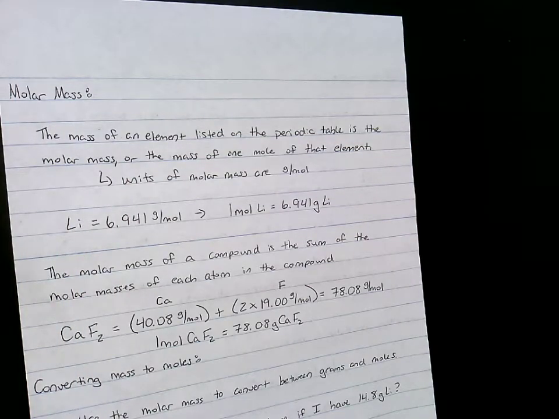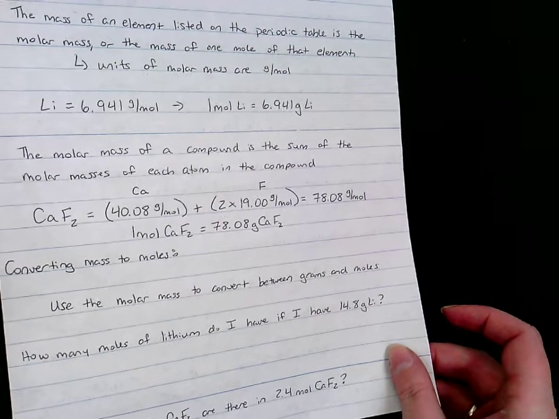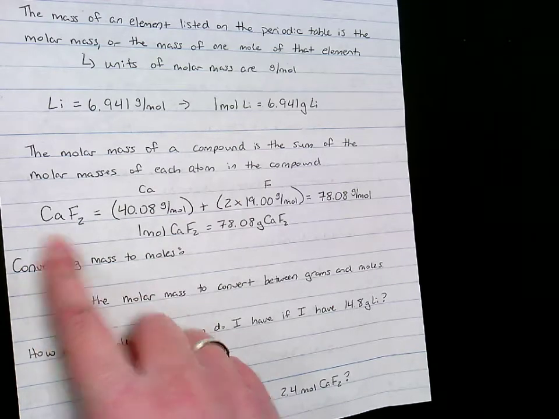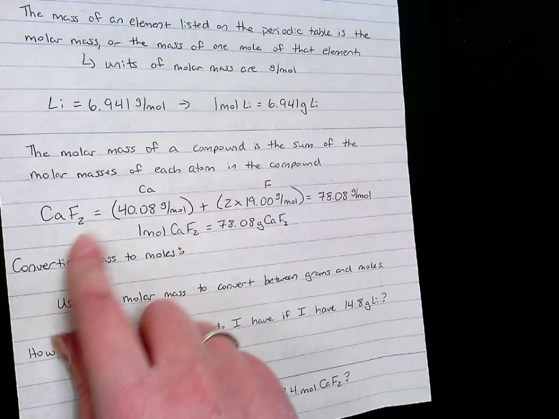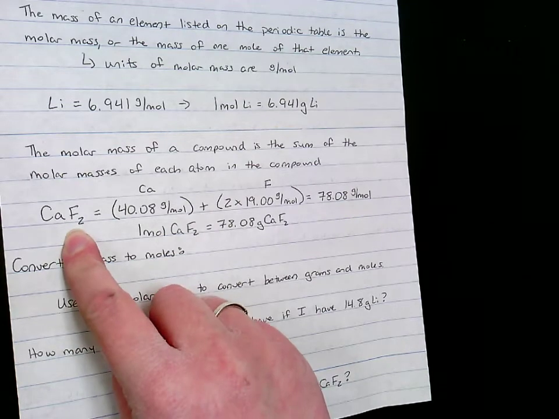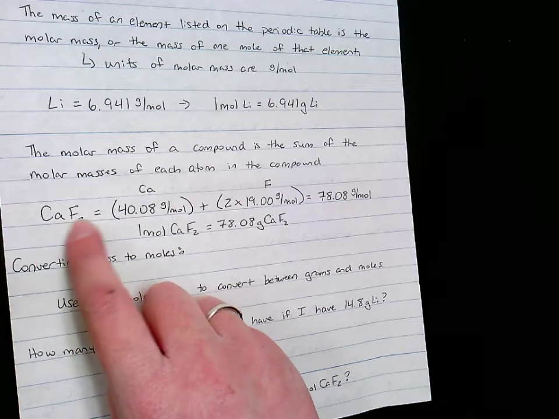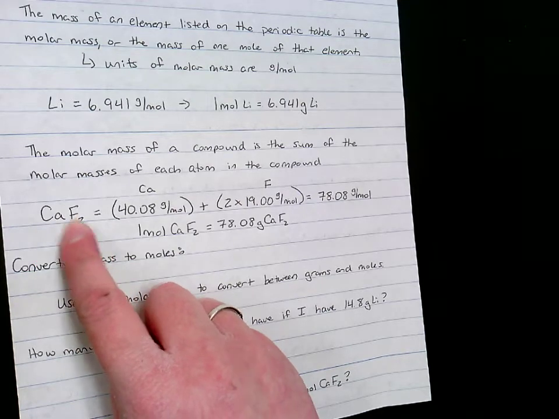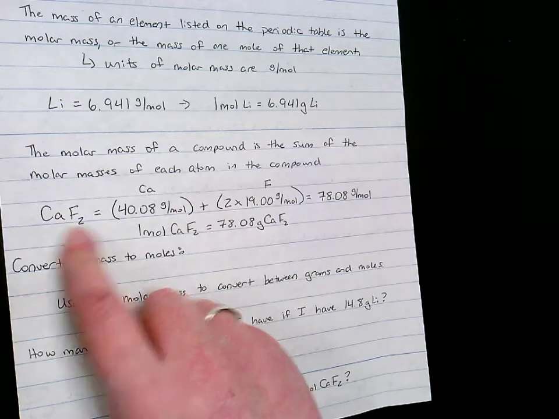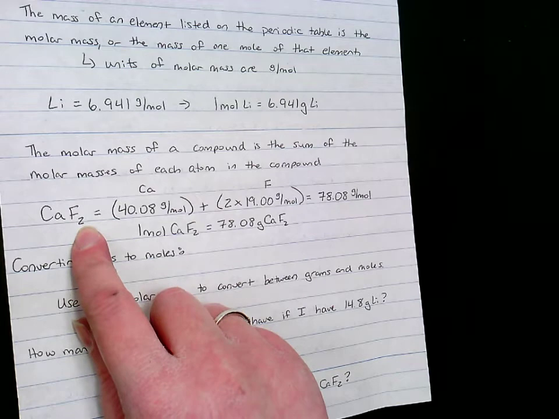I can also use this to find molar mass of compounds. So for example, if I wanted to find the molar mass of calcium fluoride, the formula for calcium fluoride is CaF2. So I'm going to take my molar mass of calcium and I'm going to add it to 2 times the molar mass of fluorine, because I have 2 fluorine atoms in 1 formula unit of calcium fluoride.